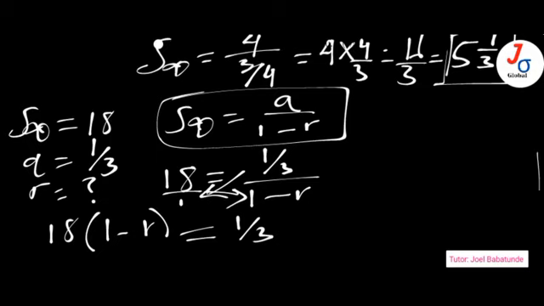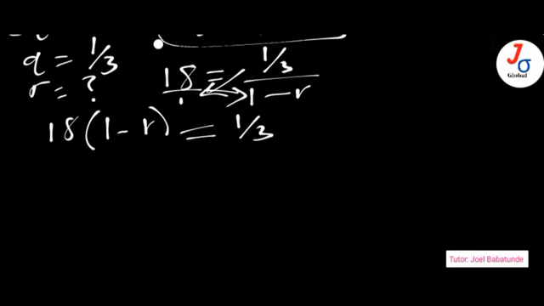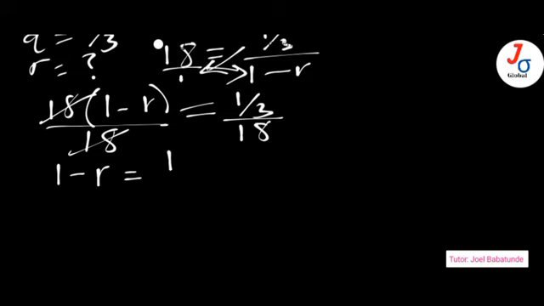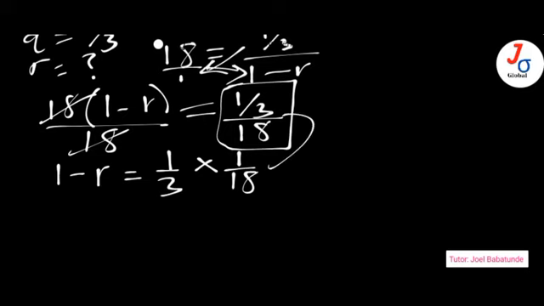Good. Now divide both sides by 18. So you have 1 minus R equals 1 over 3 multiplied by 1 over 18. By now, I don't think I should have to teach you how I turn this into this. Anyways, let me do that because you might not know it.